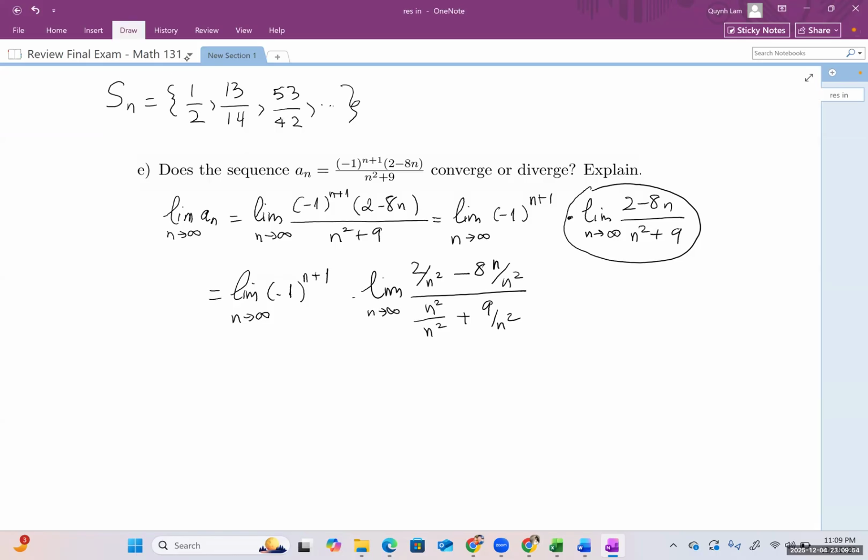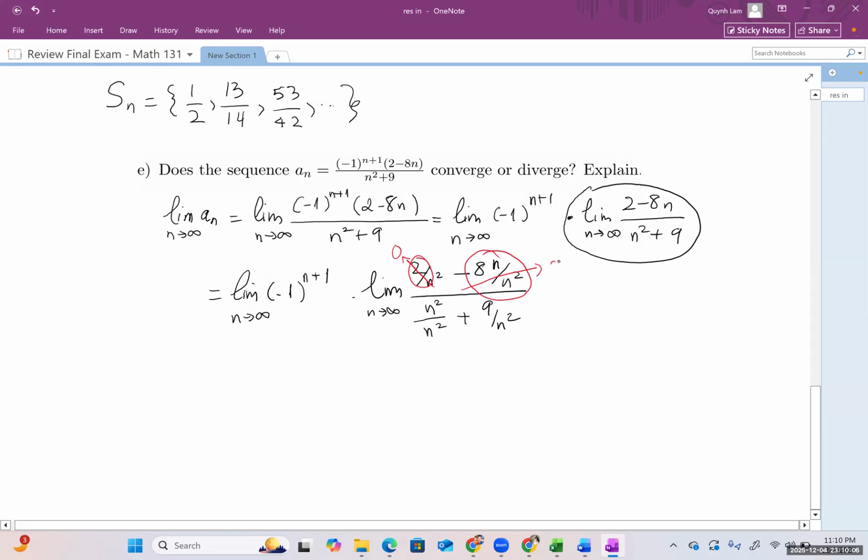This guy becomes 0, this guy also becomes 0 because the degree at the bottom is higher, and this guy becomes 1. So you will end up with the limit of (-1)^(n+1) times 0.